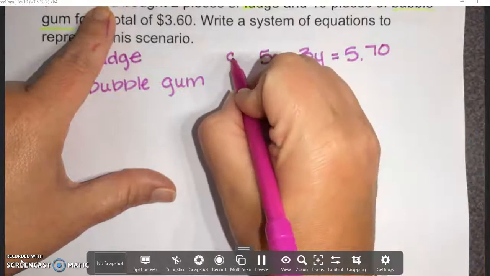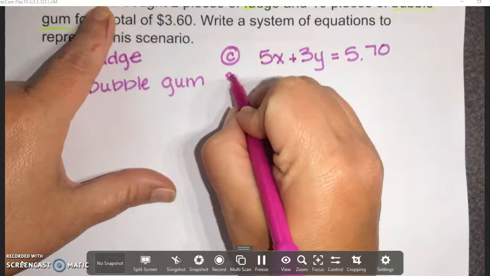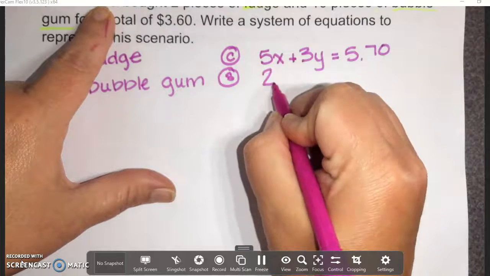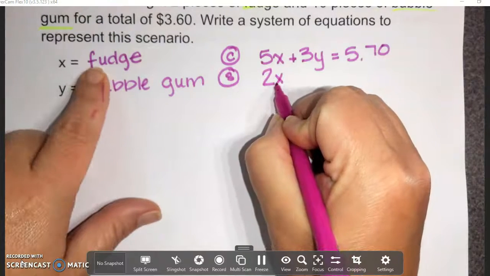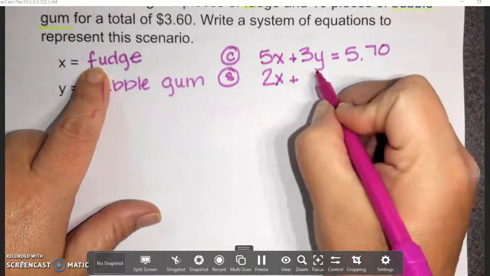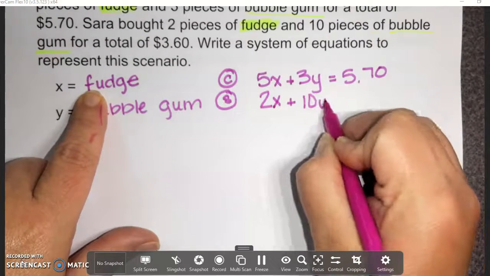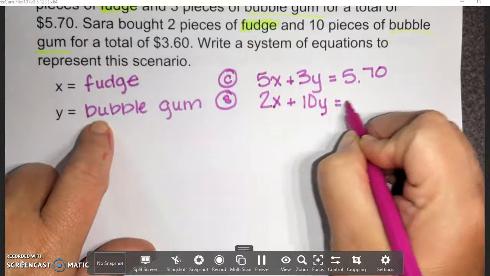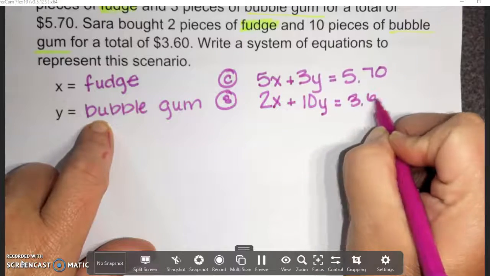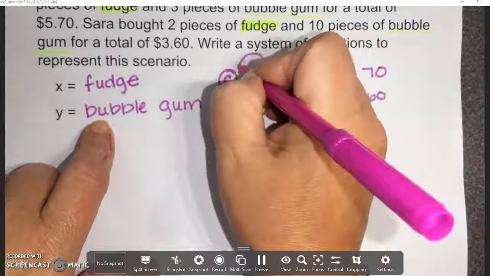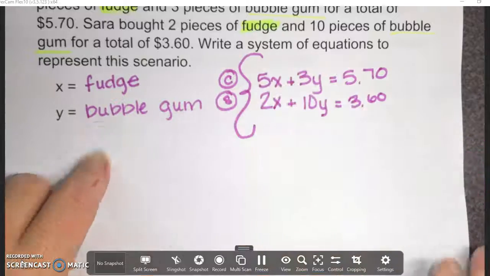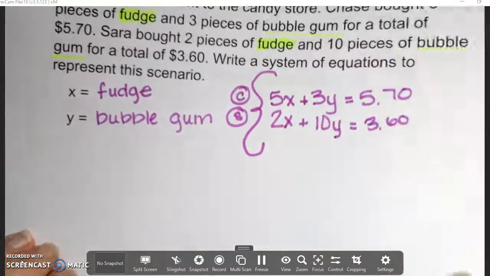Sarah bought 2 pieces of fudge plus 10 pieces of bubble gum, and her total was $3.60. So there is your system of equations.